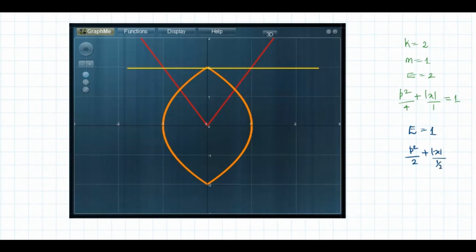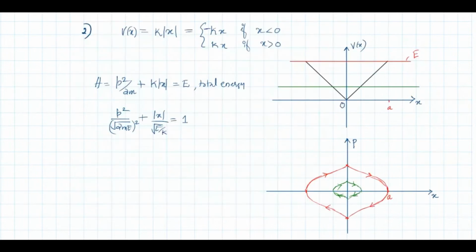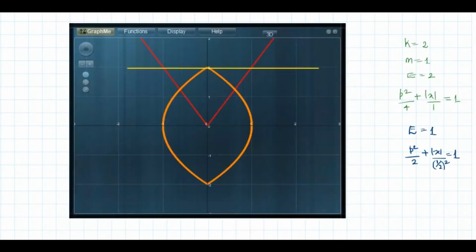Here I forgot to put a square on root E by k. Here E is 1 and k is 2, so root 1 by 2 square. So if I plot that, it will be something like this.